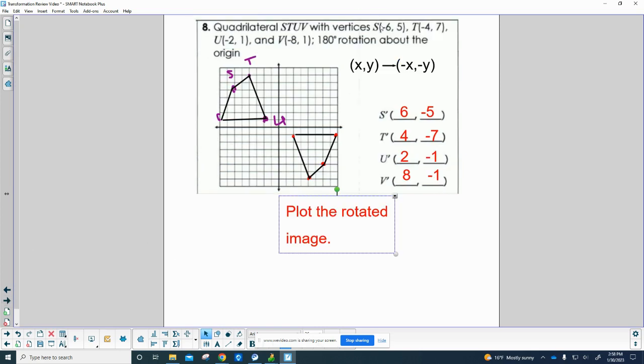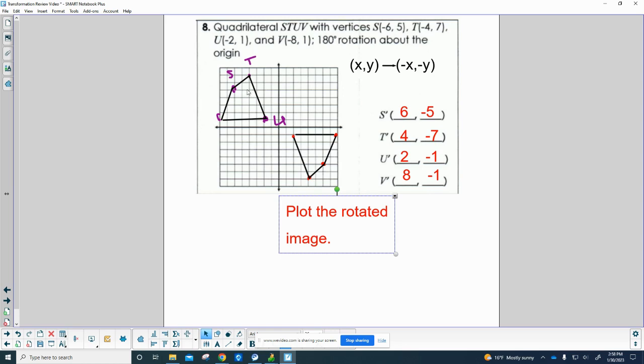All right, on number 8, we have a quadrilateral with these coordinates and a 180-degree rotation. We end up with the same numbers, only they become their opposites. So (-6, 5) becomes (6, -5). (-4, 7) becomes (4, -7), and so on.